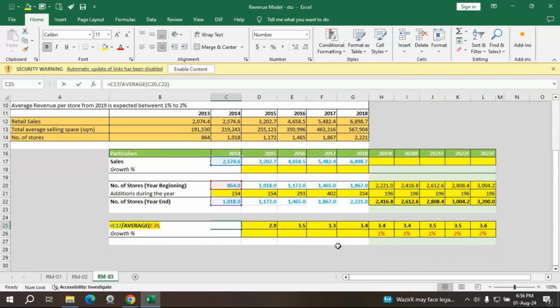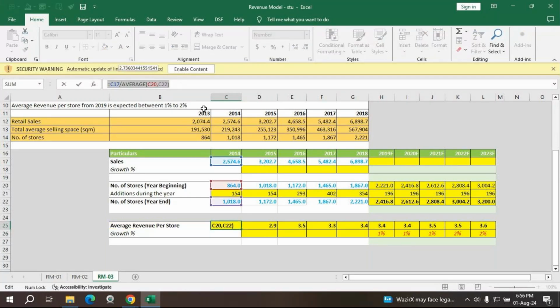You can understand. What I have taken is for the average revenue. C17, that is the sales revenue in the beginning, divided by the average of the number of stores in the beginning and the number of stores in the year end. Do it and drag it, then you can apply this calculation. I'll paste it here.